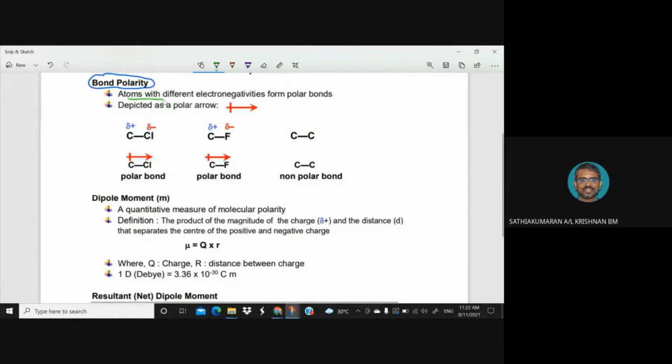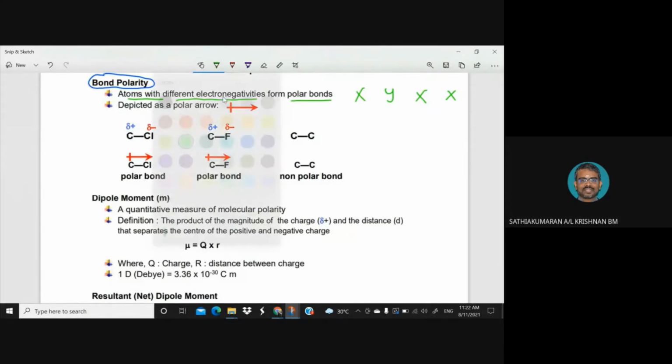Atoms with different electronegativity form polar bonds. If you want a polar bond, you should have atoms with different electronegativity. If the atoms have the same electronegativity, you cannot form a polar bond.